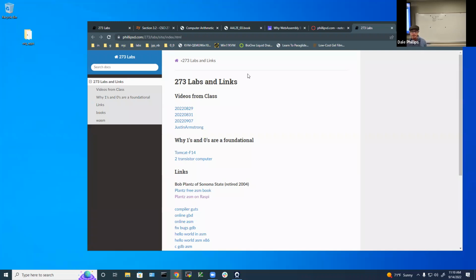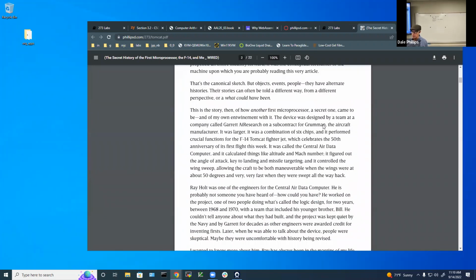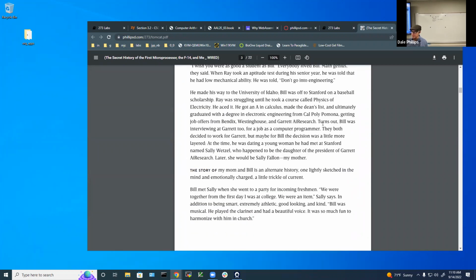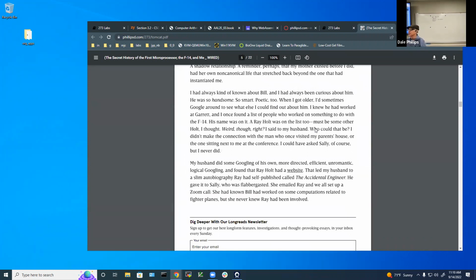And as a backup, I posted the link for this. This is the story of this fellow here, and it's interesting. It's more about him as a person and the author's relationship, but because he came out of school with an electrical engineering and discrete structures major, he ended up designing the chips for the Tomcat way ahead of Intel.